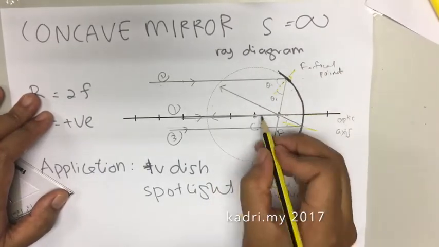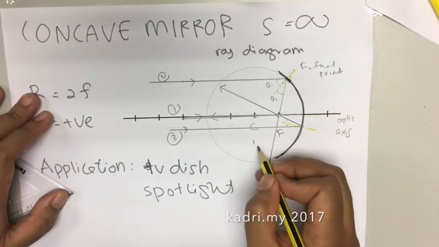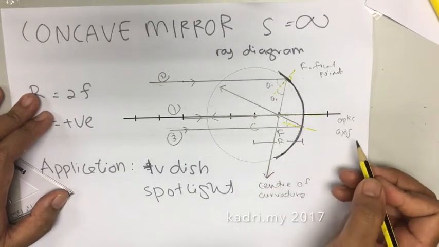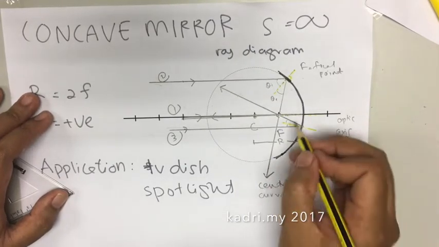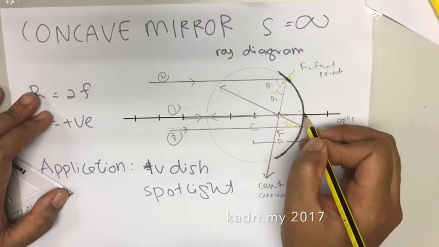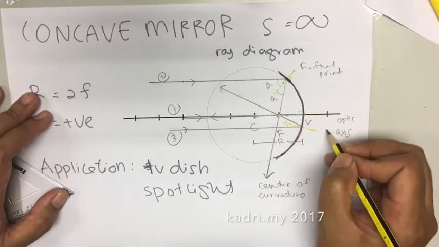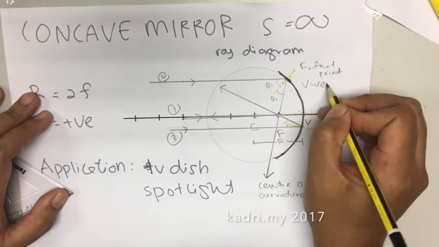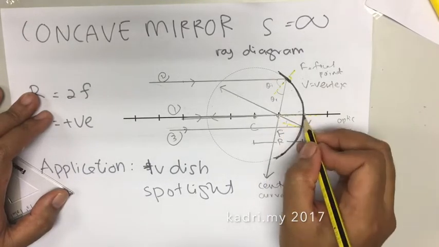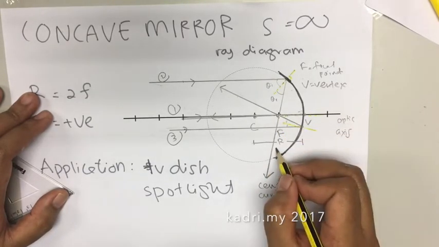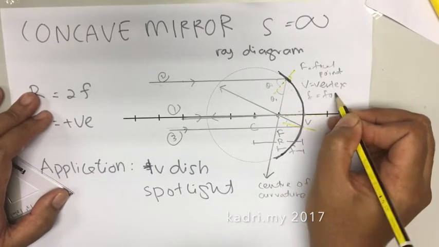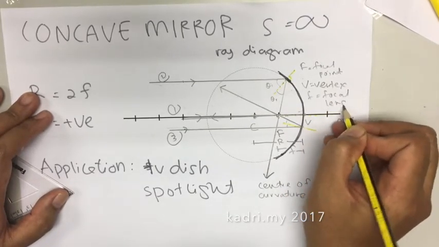From here to here is the radius of the mirror, and this point is point V, called the vertex. From here to here, the distance is small f, which is the focal length.